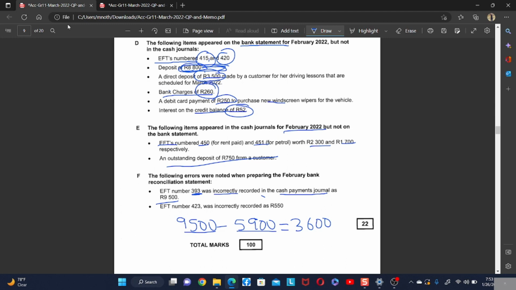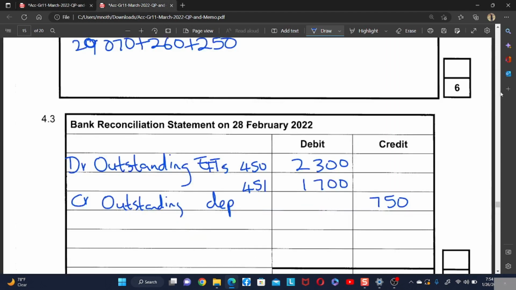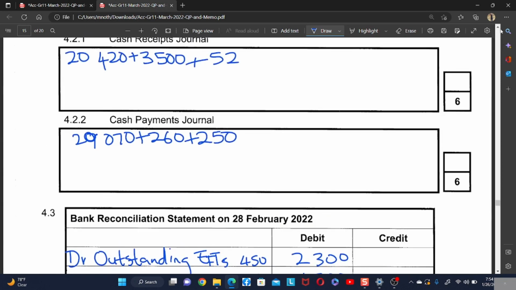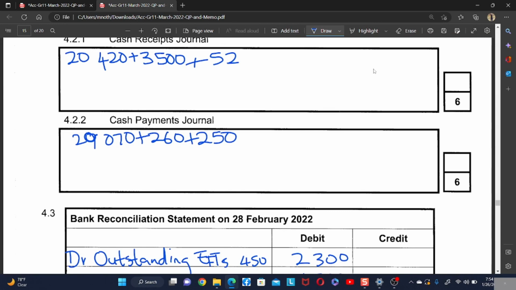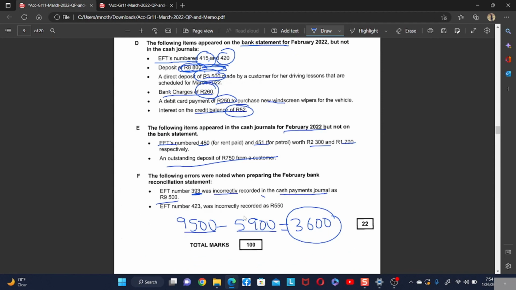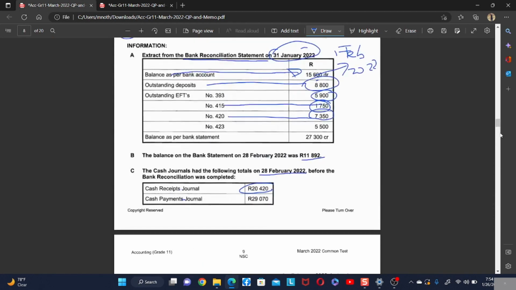The money that we paid more is 3,600. So we have to record it in the CRG because more money left our business, and now we must bring it back. So now we are done with this one.